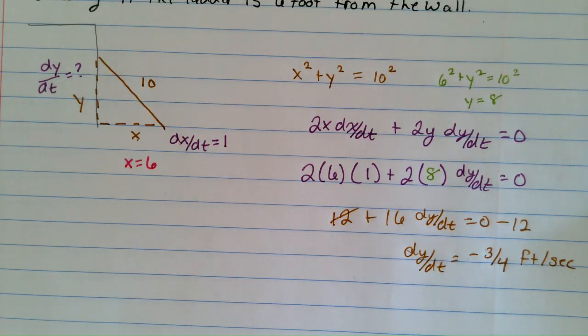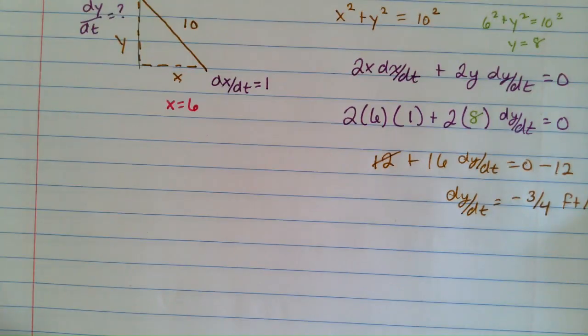Why is it negative? Because it's going down the wall. So try not to substitute anything that can change into your problem. If it can change, don't substitute it until after you've derived. Okay.